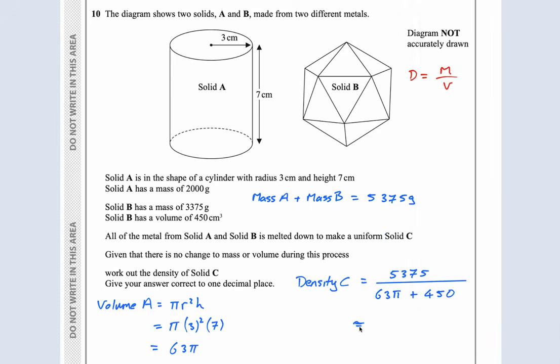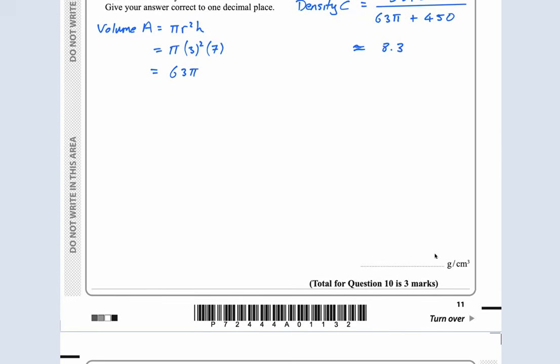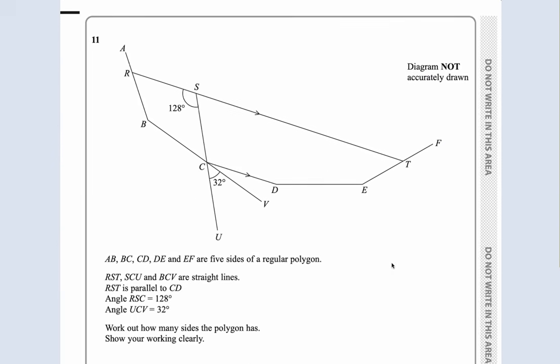So I'll do approximately equal to 8.3. And down here, guys, it gives you the unit. It's grams per centimeter cube, which is our mass per volume. Remember, if you ever forget the formula for density, guys, look at the units at the bottom, and that might give you a hint. It's mass per volume, or mass over volume.